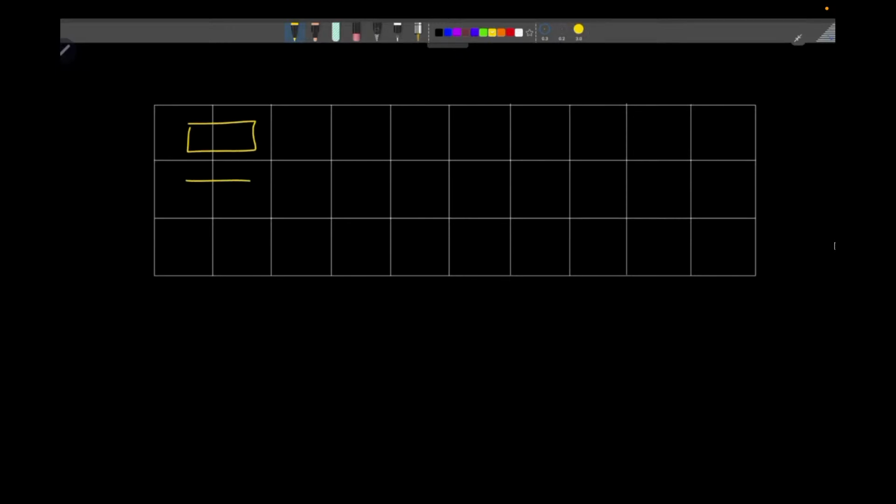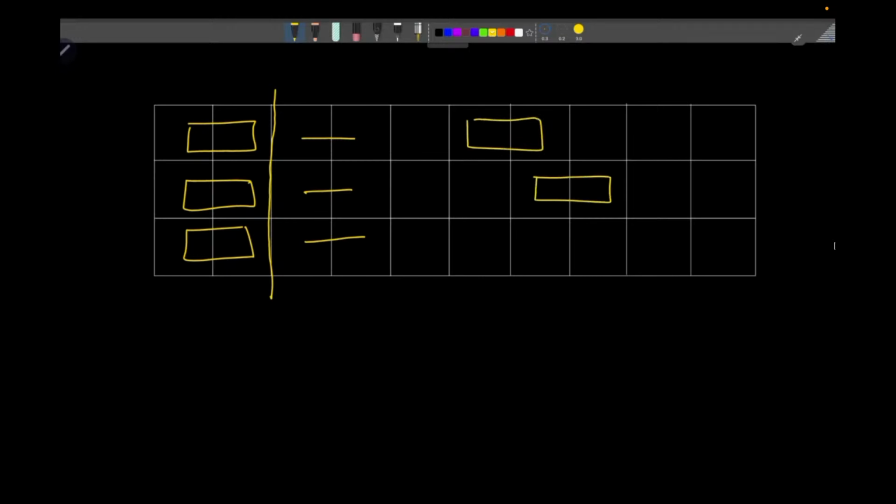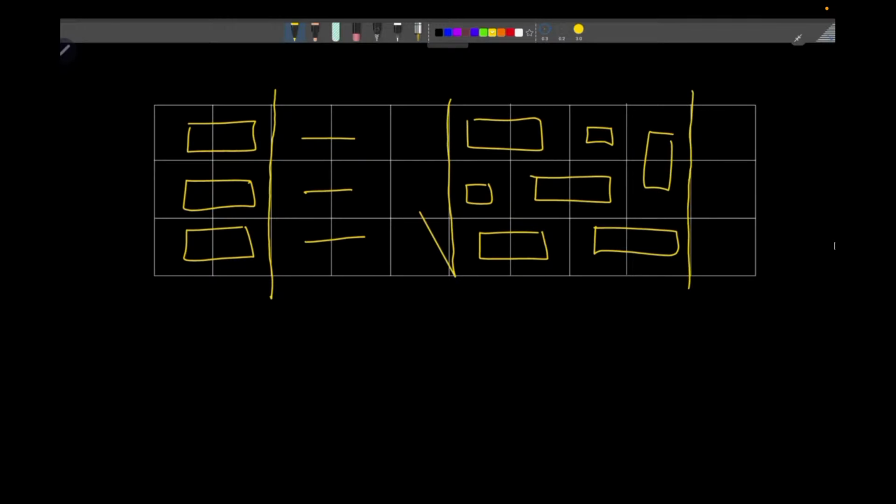If a tiling goes like this, then we see that there is a clear fault here no matter what is going on after this. So this is what a fault is, and let's say a fault-free tiling would look something like this. So this is an example, or at least a segment of a fault-free tiling, where there are no faults.